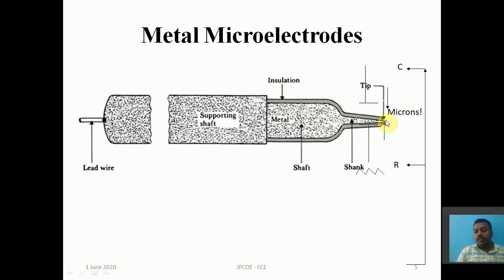The tip is not insulated. Inside, the microelectrode is filled with metal, such as Ag, that means silver or silver chloride, tungsten, etc.